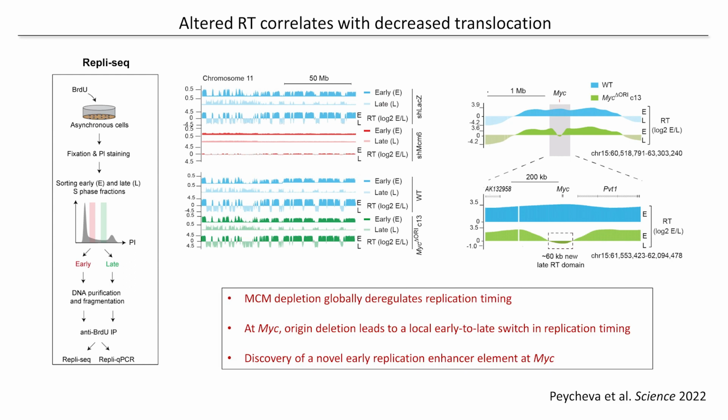Firstly, MCM depletion globally deregulates replication timing. Secondly, the origin we deleted at MYC leads to a switch from early to late replication. And the fact that a single origin was enough to create a very large new late replicating domain tells you that the origin we deleted is probably also a replication enhancer.